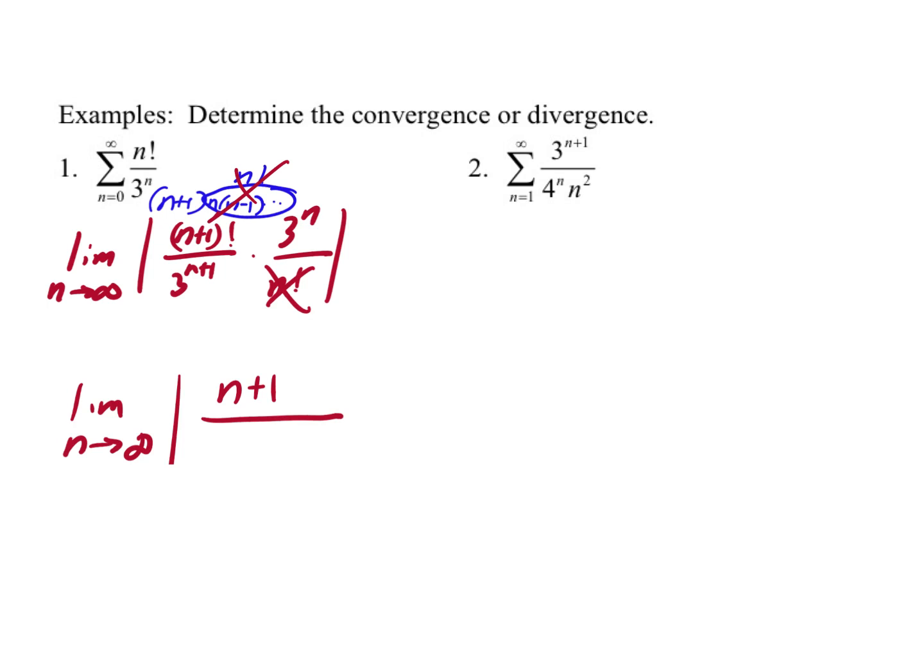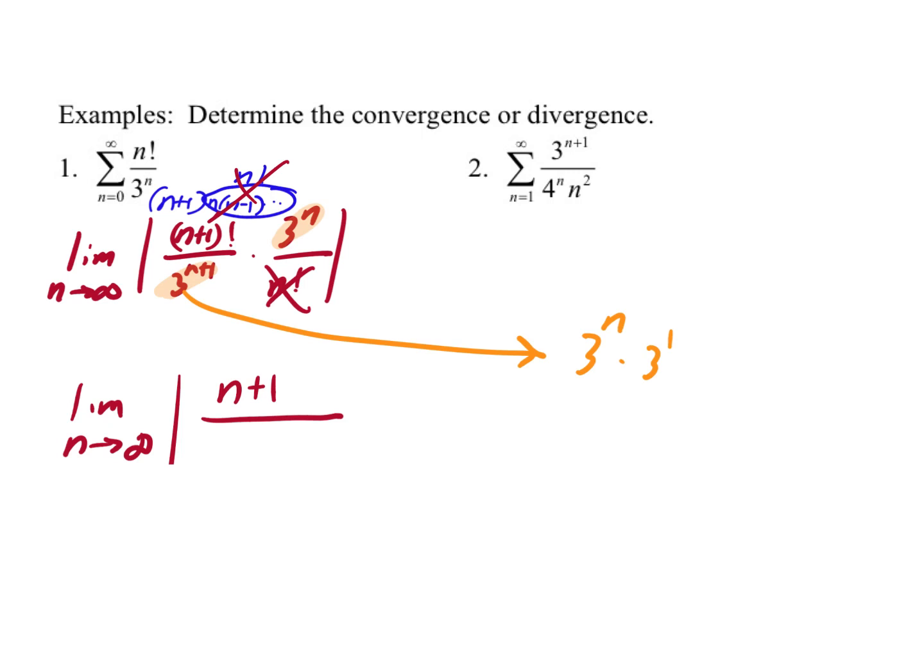This next part, I'm watching you get tripped up a little bit. You're thinking about power rules and bases and what you're supposed to remember, okay? Here's the trick to this. In reality, this means 3 to the n times 3 to the 1.